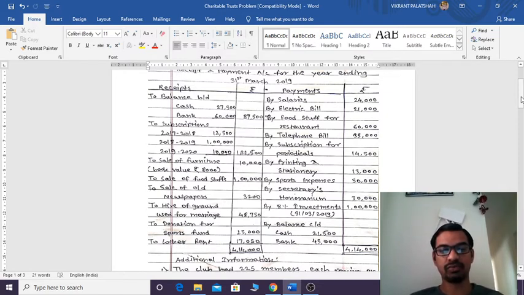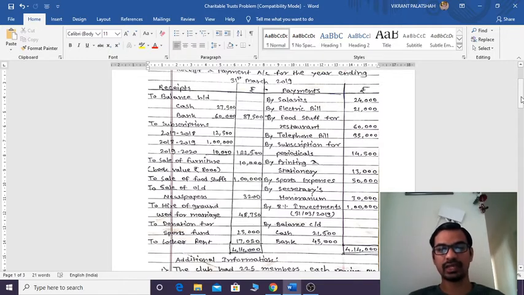Then sale of foodstuffs, it is 1 lakh. Then sale of old newspapers, it is 3,200. Then hire of ground used for marriage, 48,750. Then donation for sports fund, it's 25,000. And the last one under the receipt side, locker rent, it is 17,050. So that is the receipt side.